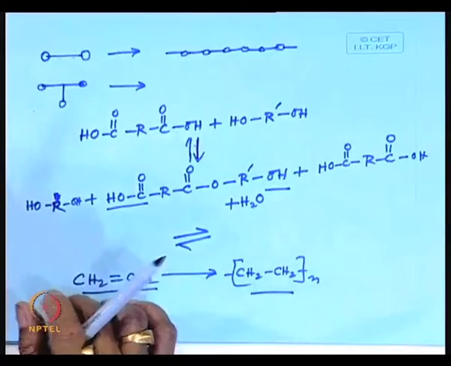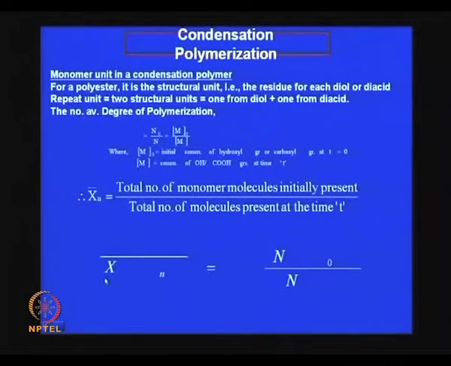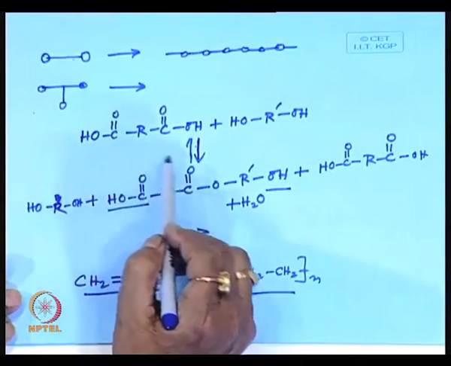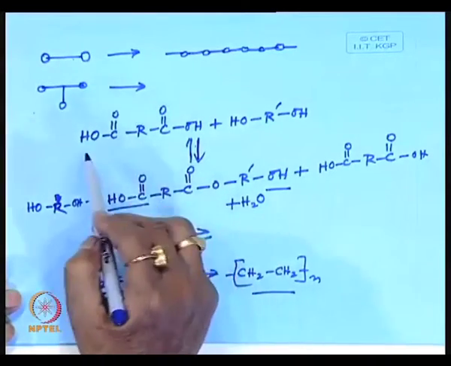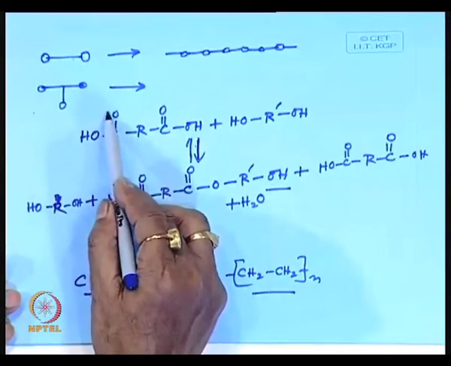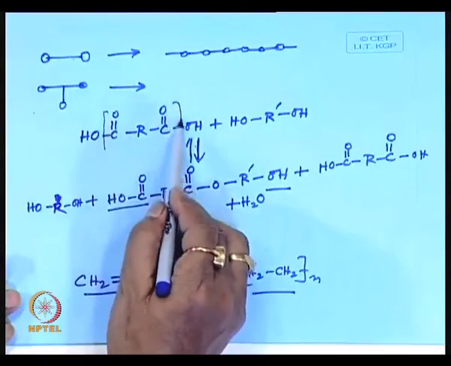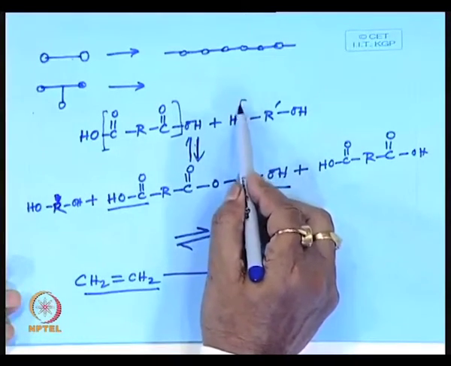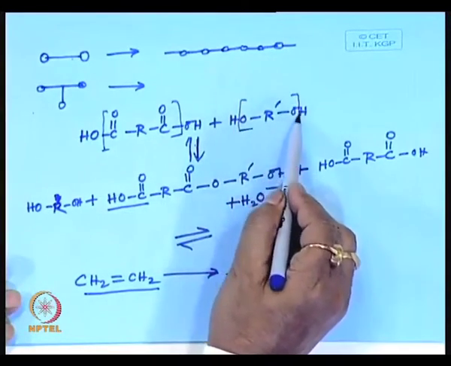So, for a polyester, it is the structural unit, that is the residue from each diol or diacid. So, this is a diacid. From diacid, what is removed? What is retained? This portion is retained. And from diol, this portion is retained.